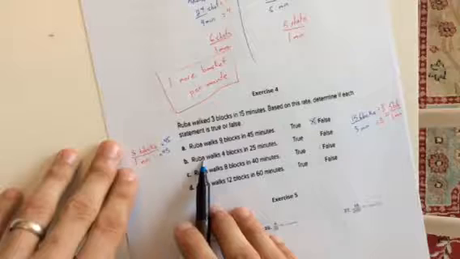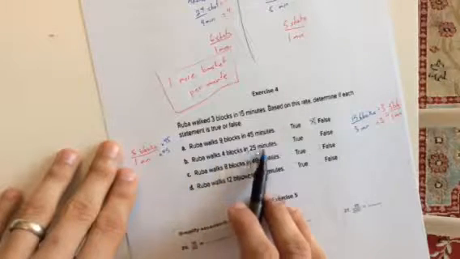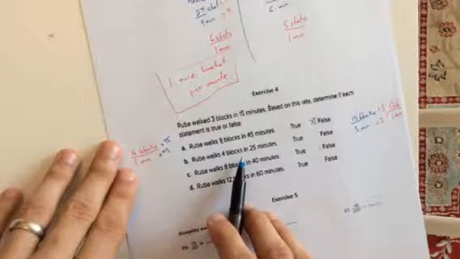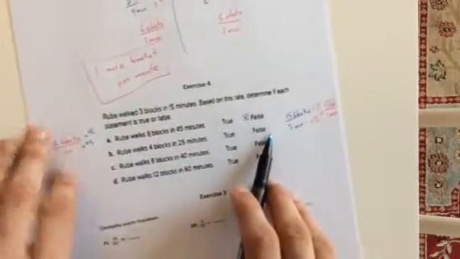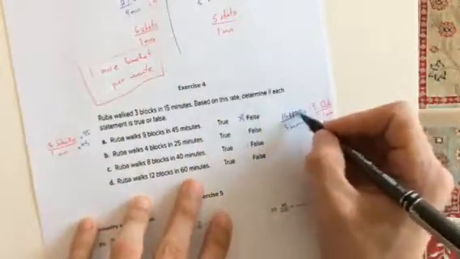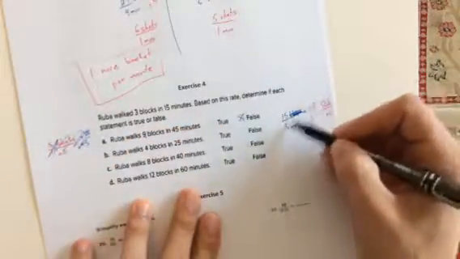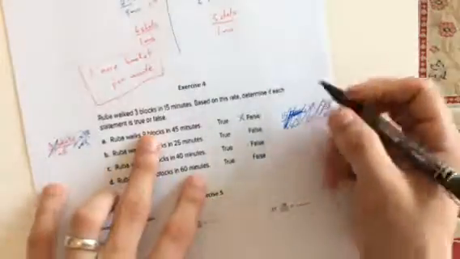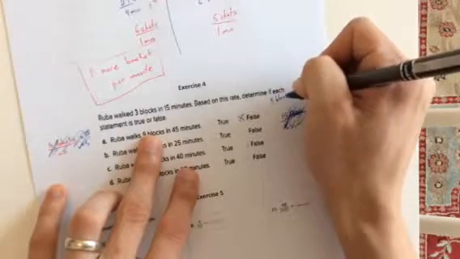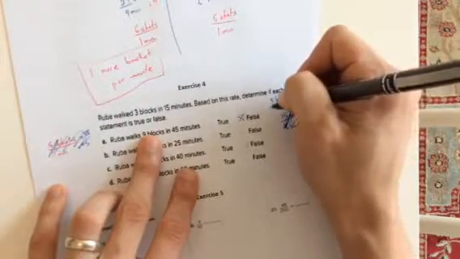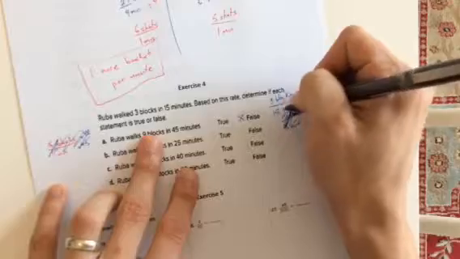Let's do this one. Ruba walks 4 blocks in 25 minutes. Did I write this? Whoops. My mistake. Let's do this again, starting over. I messed up on my rate here. So it's 3 blocks in 15 minutes.